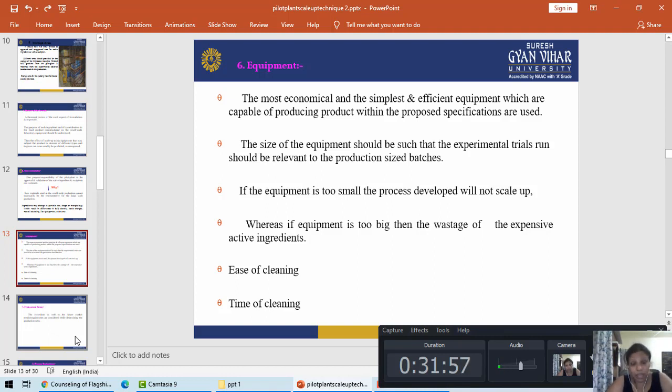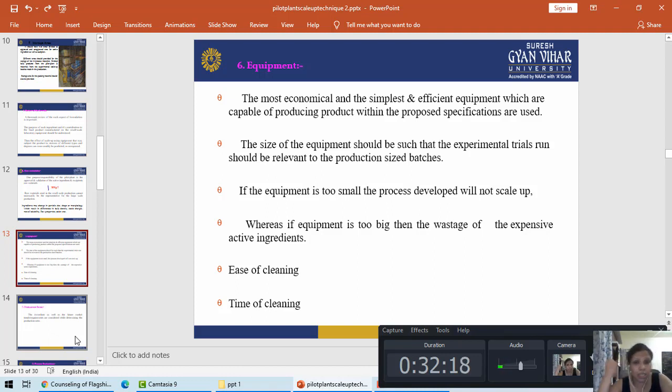If the equipment is too small, the process developed will not scale up, whereas if the equipment is too big, then there is wastage of expensive active ingredients. We need to focus on the equipment also.